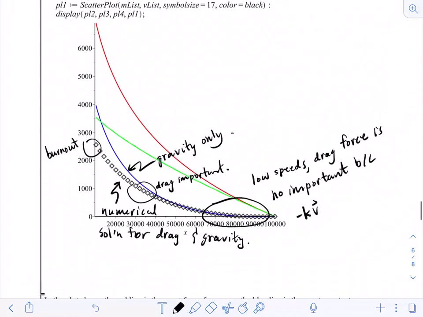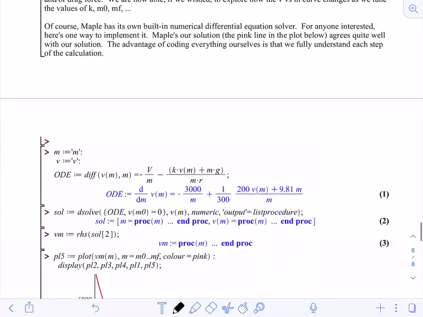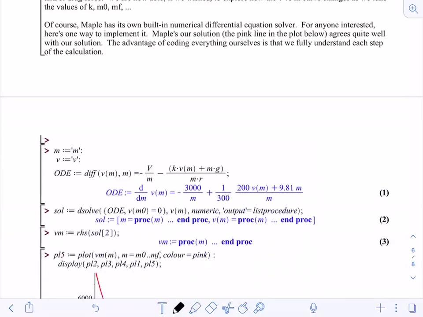Okay, so I just wanted to show you, I'm not going to go through the details of this, but you can actually just write down a differential equation in Maple and tell Maple to solve it.